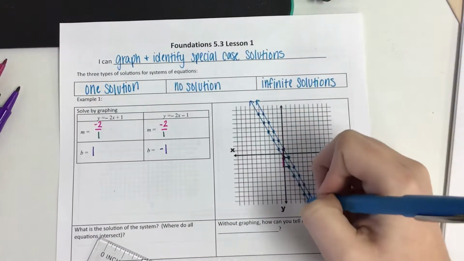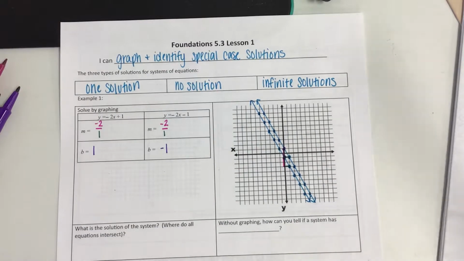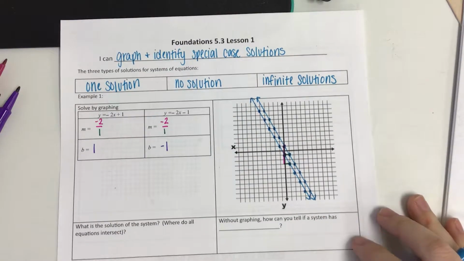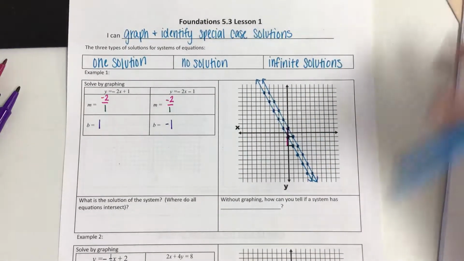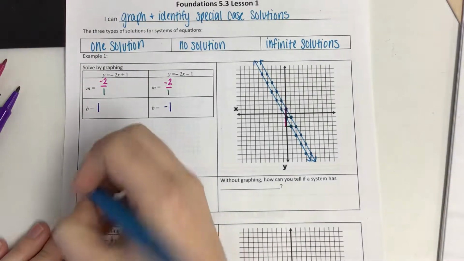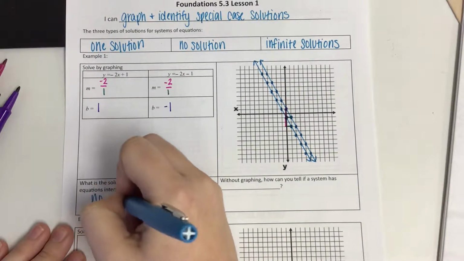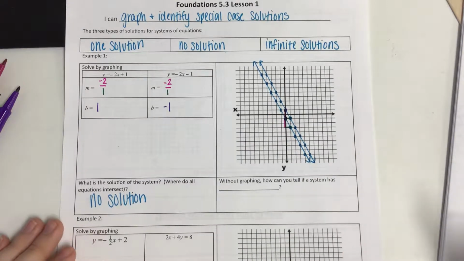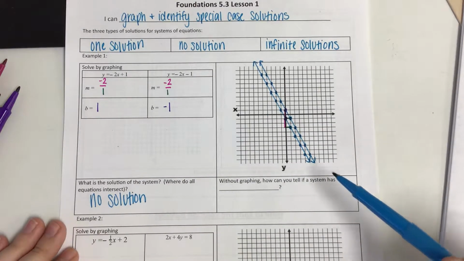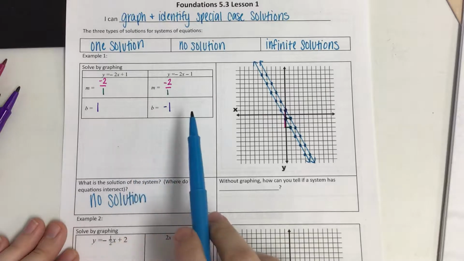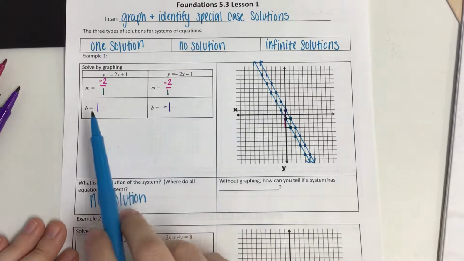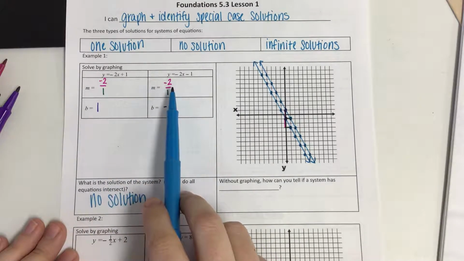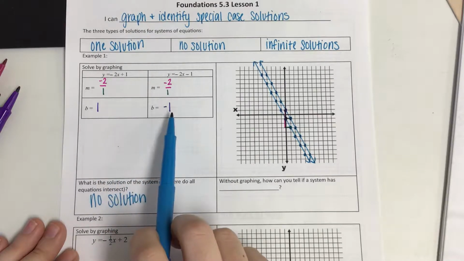So our first question is, what is the solution to the system? Where do the equations intersect? And in this case, they don't intersect, so this is a no solution. So without graphing, how could we have told this? Well, when we go back up and we look at our equations, we see that they have the same slope, but a different y-intercept.